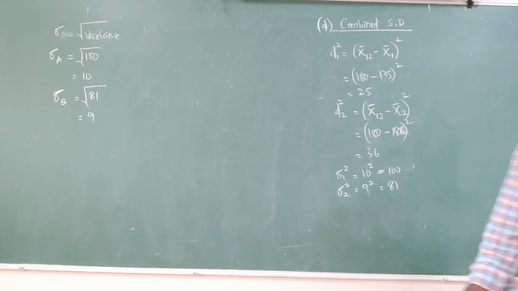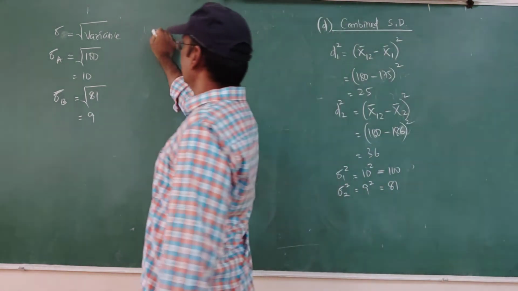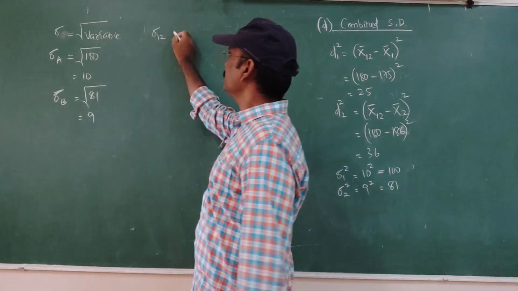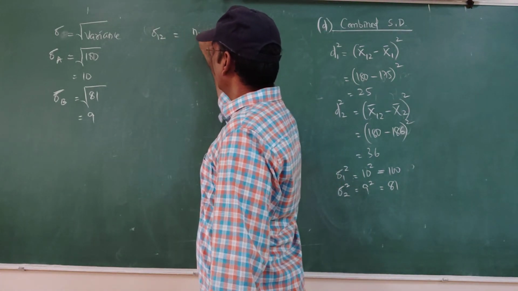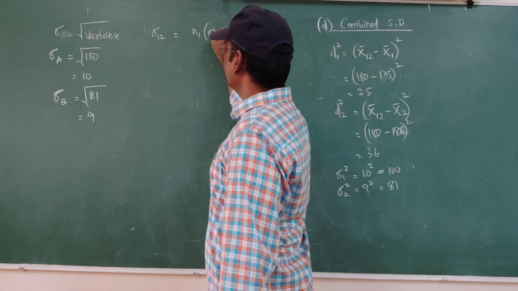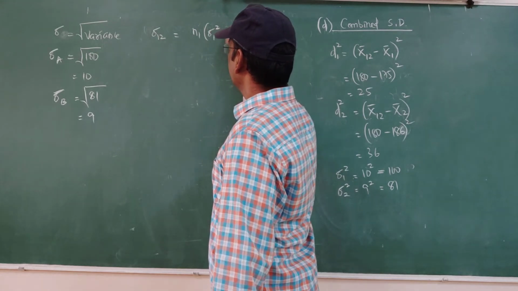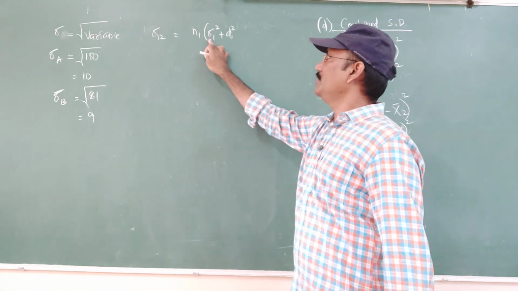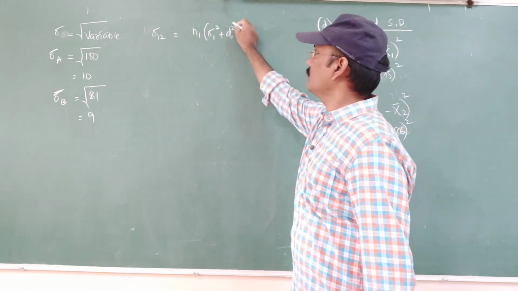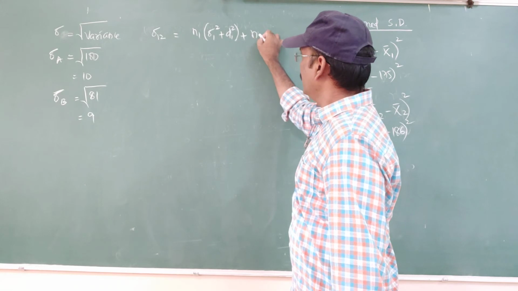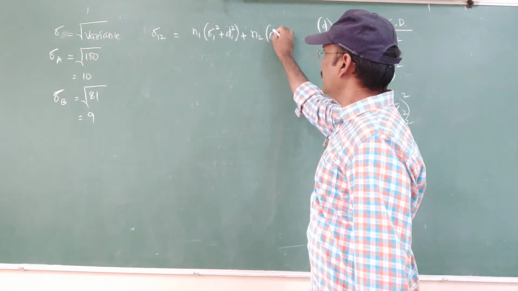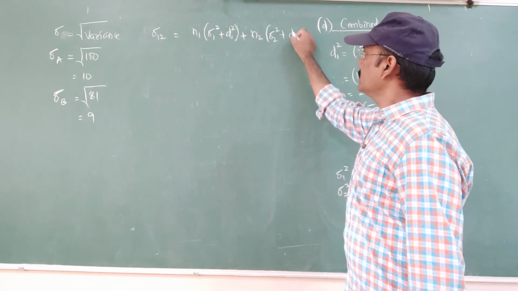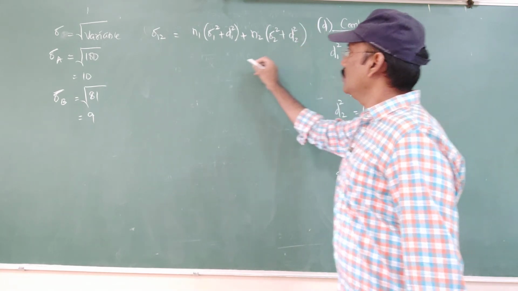Combined standard deviation sigma 1 2 is equal to the square root of N1 into sigma 1 square plus D1 square, plus N2 into sigma 2 square plus D2 square, all divided by N1 plus N2, whole under the root.